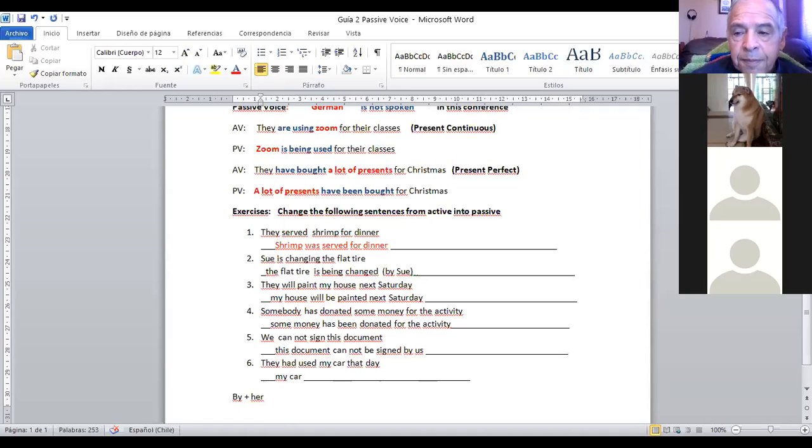And then the formula for past perfect would be: had been used that day by them. Okay, so that's it. That is the way you change from active into passive, right?